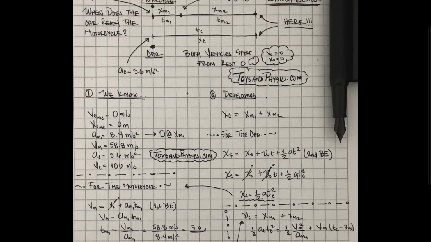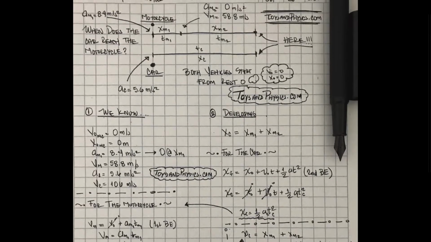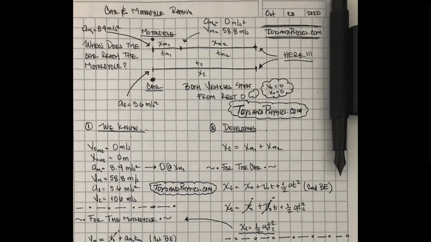And by the way, first of all, it's important to highlight, as I already mentioned, that both vehicles start from rest. That means that the initial velocity is zero. That doesn't mean that the initial position is zero, but I just want to simplify the math that we are going to be doing here.